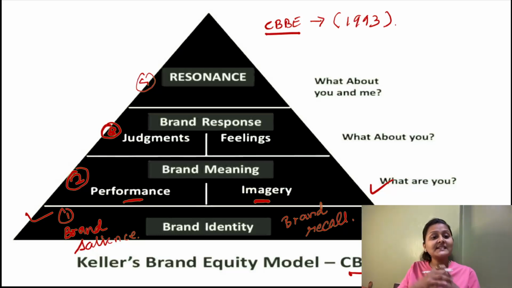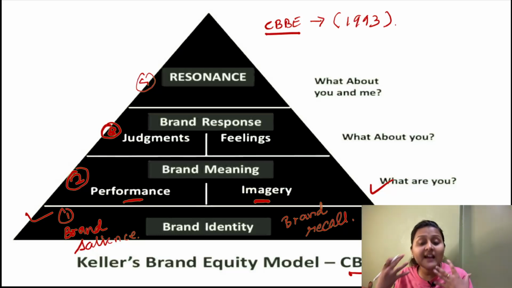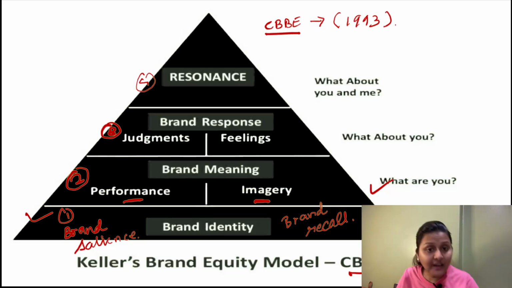So, what is this brand performance? This is the functional aspect. It says what the product quality is that is being offered by the brand to the customers, whether the products are reliable or not, and what the durability of the product is, whether it will be good for the consumers for a longer period of time.